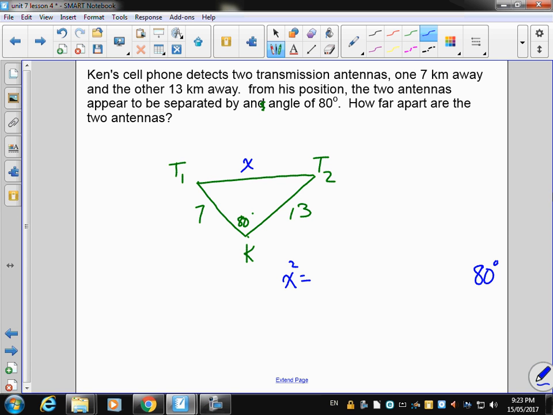So let's fill in the rest of the pieces. We have 7 squared and 13 squared, and then subtract 2 times the 7 times the 13 cos 80. This one's nice because I have the angle, so I just need to carefully type that in. 7 squared, 13 squared. I would recommend you use your brackets.